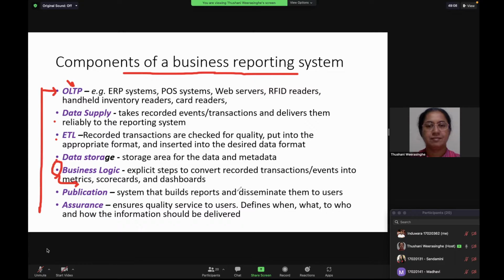Then the publication. You have to prepare the reports and send them to the users, and you have to assure the quality of the material and the information that you have collected. You need to make sure of who should have access to it and who is entering. So that kind of assurance needs to be made.